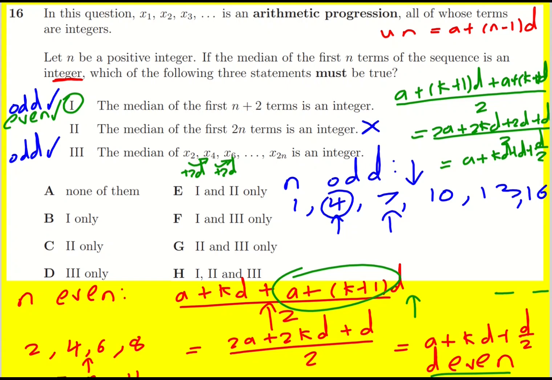If it's an odd number, then I know that it's going to be in the sequence because it's going to be an integer in the sequence. If it's an even number, then I'm back to having a sequence of integers with a common difference that's even. It's also going to be in the sequence, guaranteed. So I'm not going to go into any more detail on that. This one is also going to be true for even, and therefore our answer is 1 and 3 only.